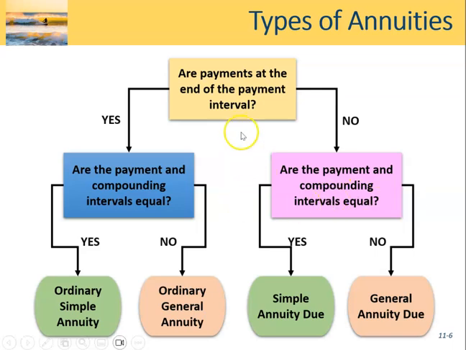It all depends on the first division here. Are the payments due at the end of the payment interval or at the beginning? If they're due at the end, you come over here, and then we know it's either a simple or a general annuity. And if you come over here and the payments are at the beginning, then we know that it's either a simple or general annuity due.